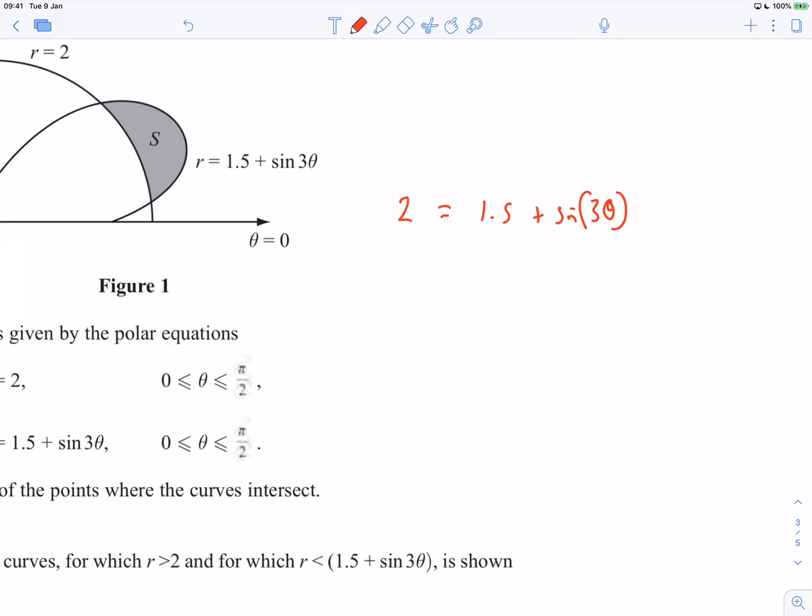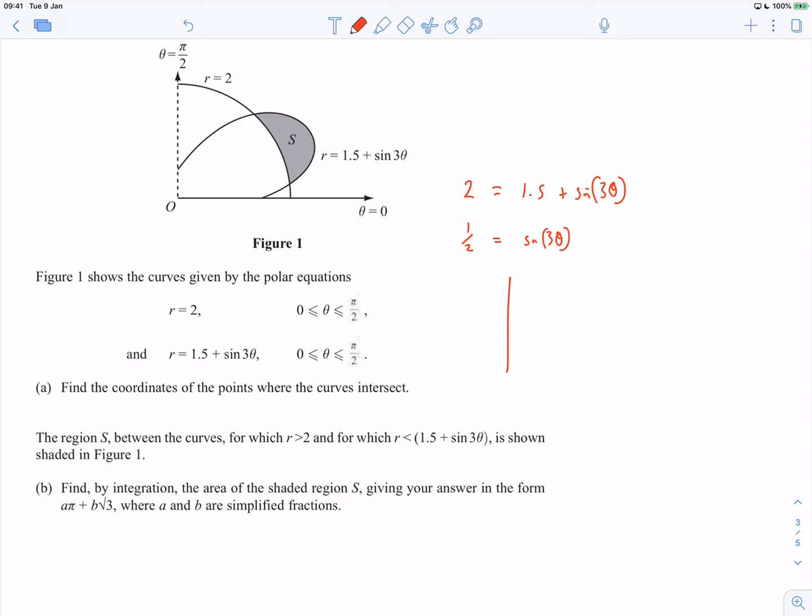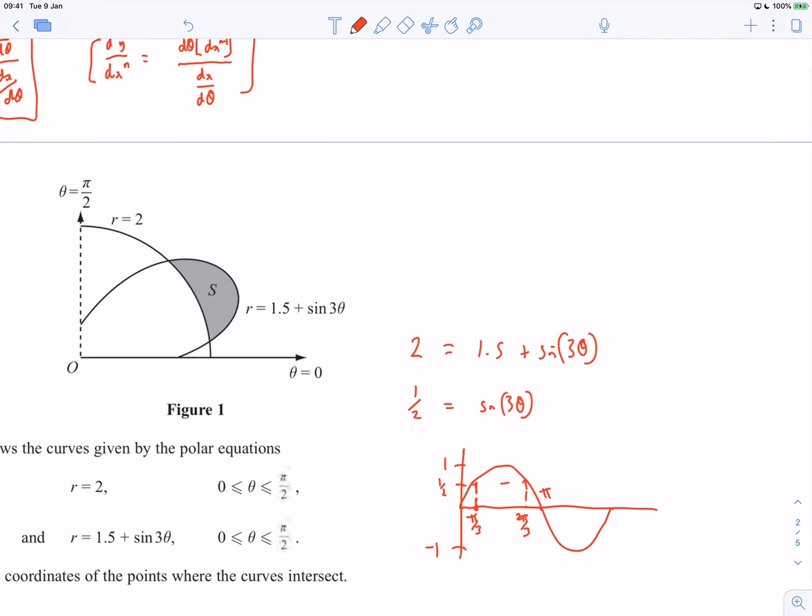Subtract 1.5 from both sides, that's a half equals sine of 3 theta. Remember from my sine graph, if that's 1 and that's minus 1, then a half is dead in the middle, and that's got a principal value there. If that's pi, this is a third of pi, and by symmetry, this is 2/3 of pi.